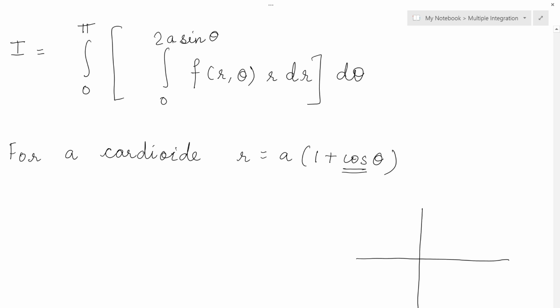If you have 1 minus cos theta, the heart shape will be opposite to it. That is a mirror image of it. Okay. It is 1 plus sine theta, it is upwards. 1 minus sine theta is downwards. So these are the 4 cardioids you studied in your curve tracing part. This cardioid is r is equal to a into 1 plus cos theta. This is already in polar form, right?